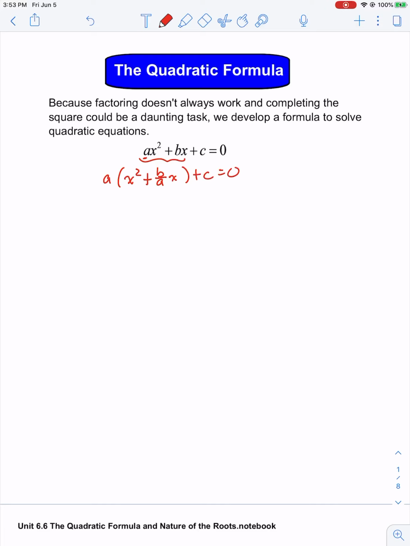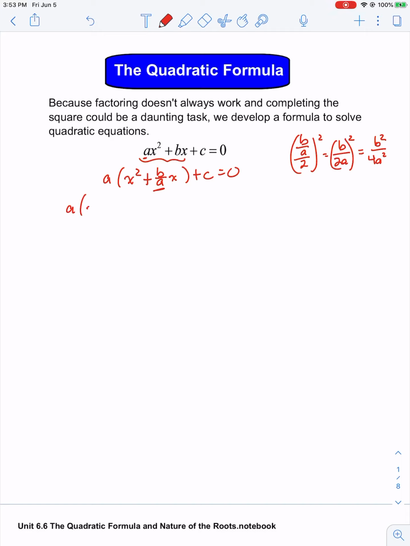Then you have to take that x term, the linear term that's left inside the bracket, divide it by 2, and then square it. So we're going to take b over a, divide it by 2, and then square it. That basically is b over 2a all squared, which turns out to be b squared over 4a squared.